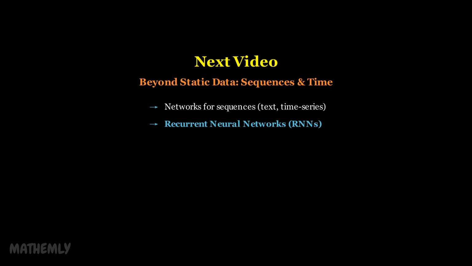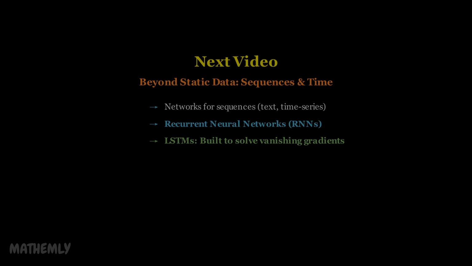In the next video, we will move beyond static data and explore networks designed for sequences like text and time-based data. We will introduce recurrent neural networks or RNNs and see how LSTMs, or long short-term memory, were developed specifically to address problems like vanishing gradients when learning from long sequences.